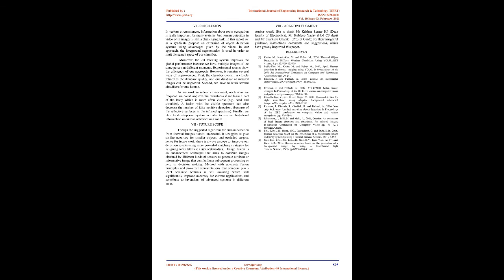Image fusion is an enhancement technique that aims to combine images obtained by different kinds of sensors to generate a robust or informative image that can facilitate subsequent processing or help in decision making. A method with adequate fusion principles and powerful representations that combine pixel-level semantic features is still awaited, which will significantly improve accuracy for current applications and contribute to inventions of advanced systems in different areas.